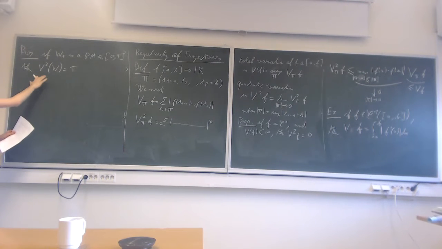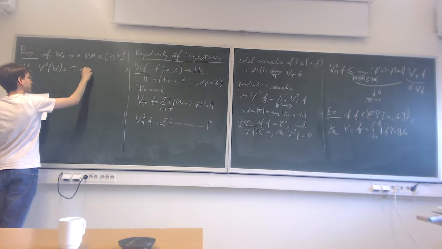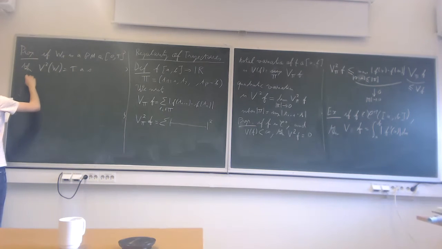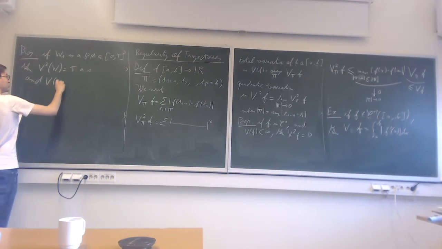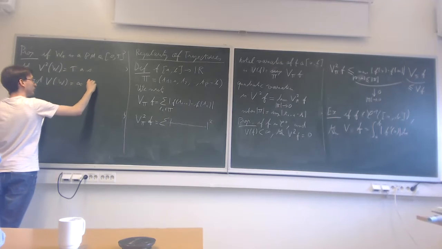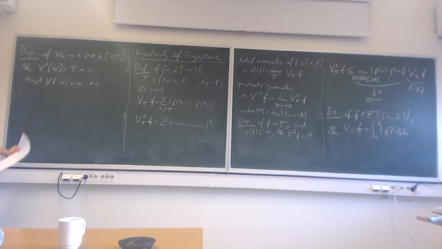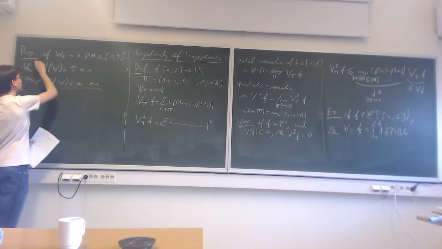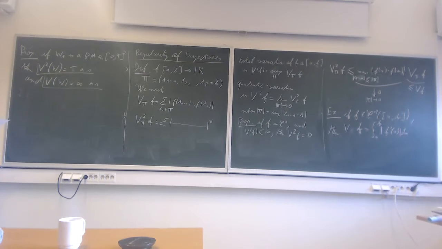There's no randomness. It's just V2. It's always T. And V1 is infinity. That is, Brownian motion, which is continuous, is not rectifiable.